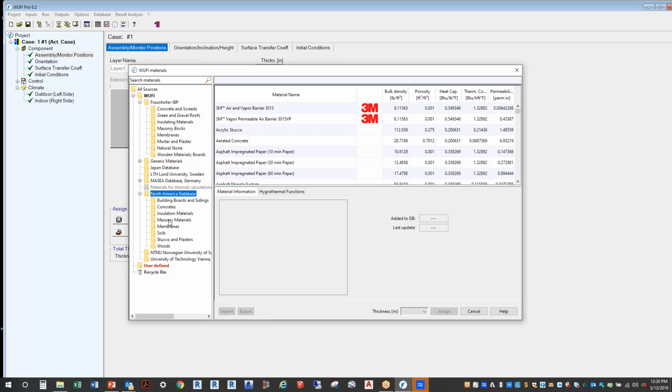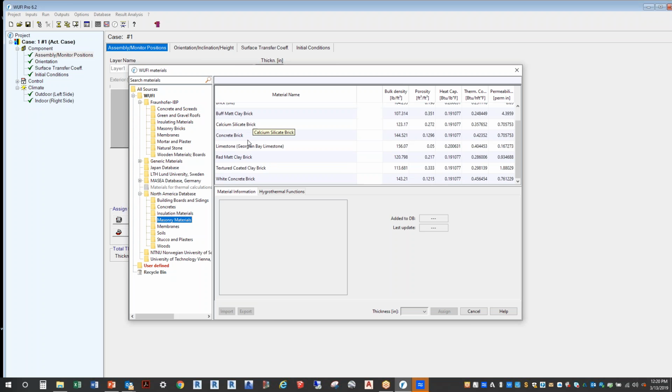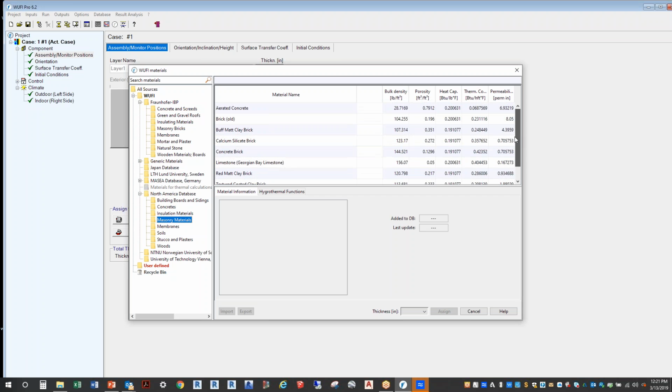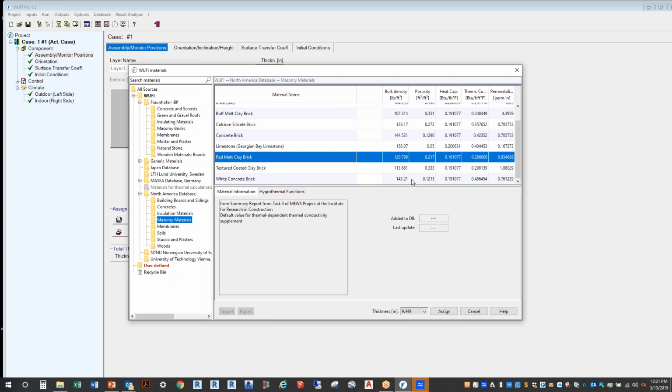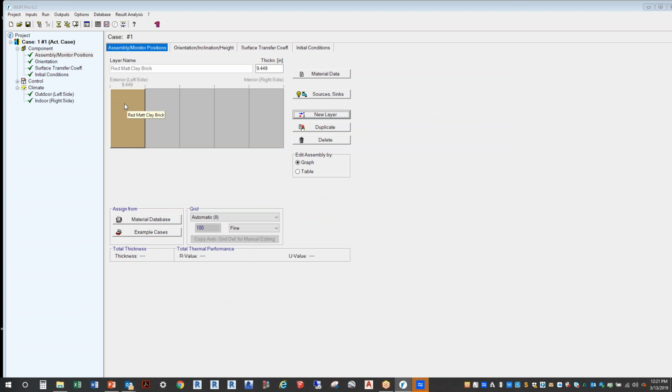We're going to go to masonry materials because we're looking for brick, right? So I click on that, and I have all these different types of masonry material. I'm going to choose a red matte clay brick. It tells you the density, the porosity, and all the physics-based behaviors of that material. And we're just going to assign it to that tab.